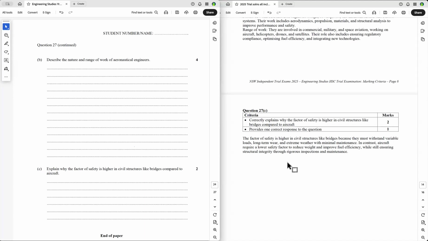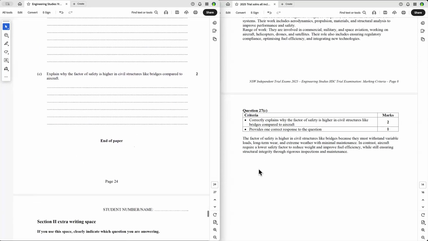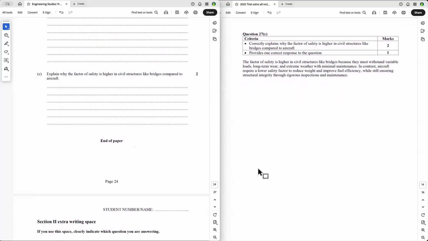And the reason why safety is so high in aircraft is because it's very rare to have failures because of the rigorous testing of the components. So the factor of safety of a bridge could be 2.5, but the factor of safety of an aircraft could be only 1.4 or 1.5. And that's the end of the paper.